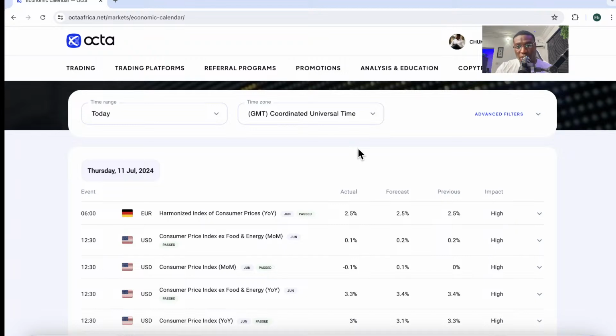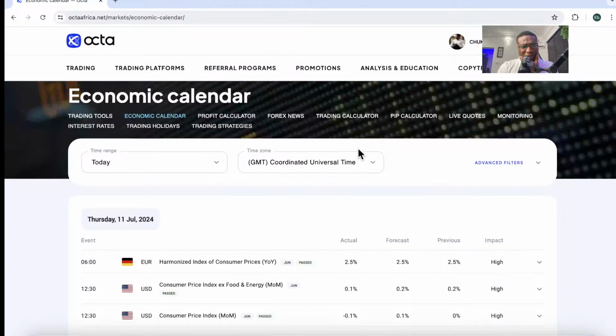So stick to your trading plan if you have any, trust your analysis, maintain discipline, and most importantly, whatever it is you've learned, put it into practice until you've refined it to work over time for you and give you consistent profits. Guys, with consistency, you can achieve great things over time. Okay, so let's look at the economic calendar, okay?